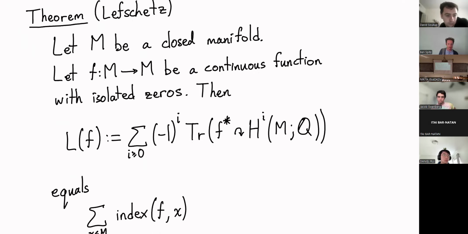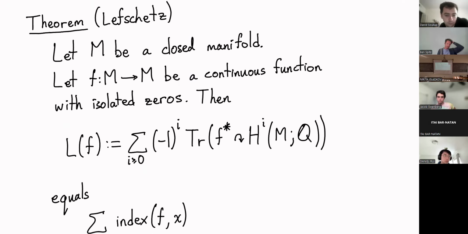Hopefully it fits on the screen, almost. Okay. So if you have a function from a closed manifold to itself, like maybe from S1 to S1, or from R to R, but then it doesn't quite work because R is not compact. You have a function from a closed manifold to itself. If your function has, let's say, a finite number of, sorry, isolated fixed points.